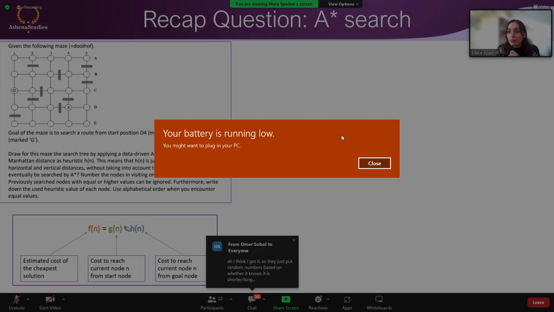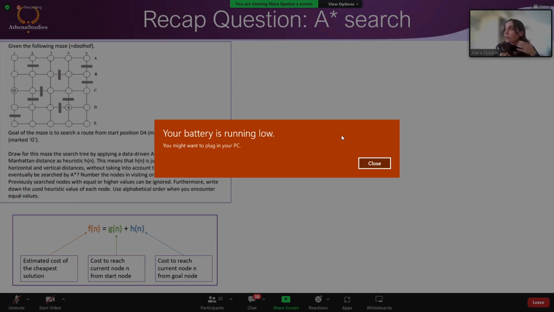So they just put random numbers based on whether it knows it is shorter or longer than the real values representing the real distance. Yeah, so you get information on an estimate. So that is what A search would use. And in this example also, A star uses a Manhattan distance. So that is kind of like the shortest path you could ever possibly get. So then we know that it is not overestimating it. So it depends on the information you've been given.